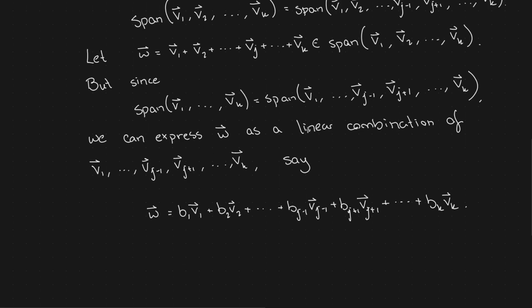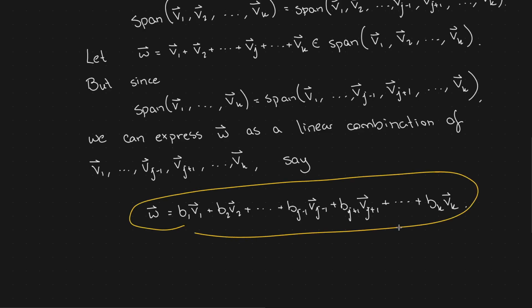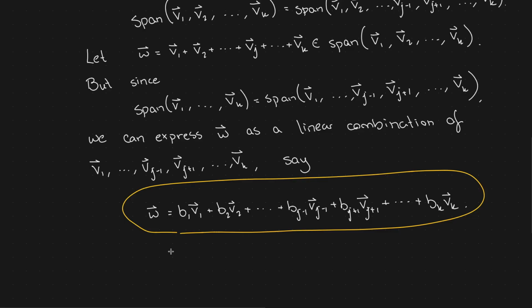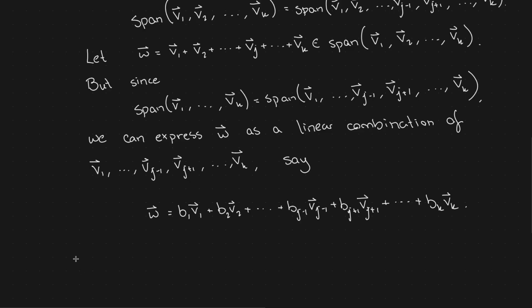So I have two different ways to express W as a linear combination of the vectors in V. Okay, I have this way that I chose first, and then I have this way, which I know must exist, where Vj isn't in here. Subtract the two linear combinations.